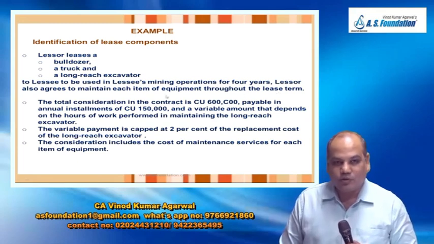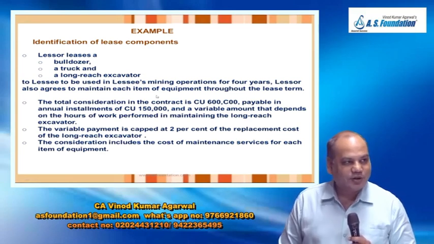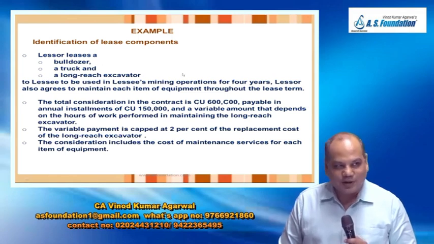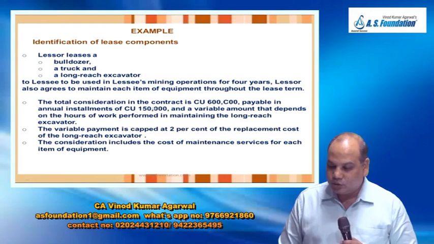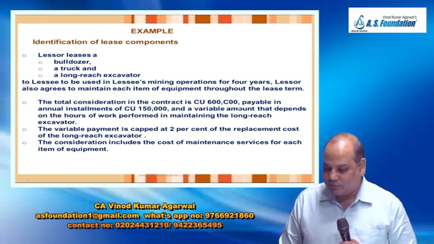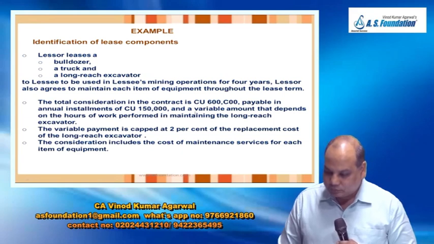So how many components are there? There are 6 components in this: bulldozer, maintenance of bulldozer, truck, maintenance of truck, long reach excavator, maintenance of long reach excavator. The total consideration is 6 lakh currency units, payable in annual installments of currency units 1,50,000.